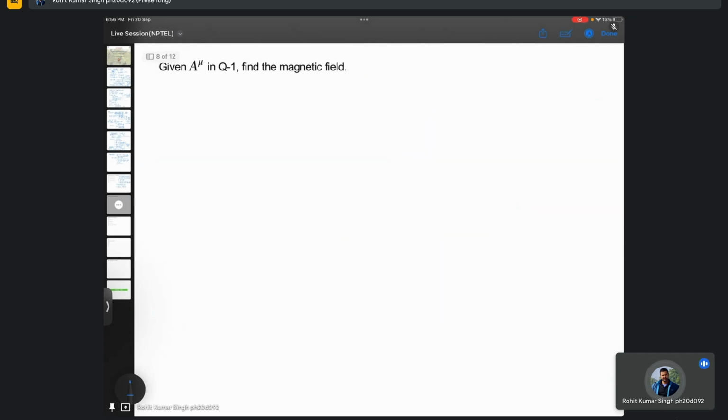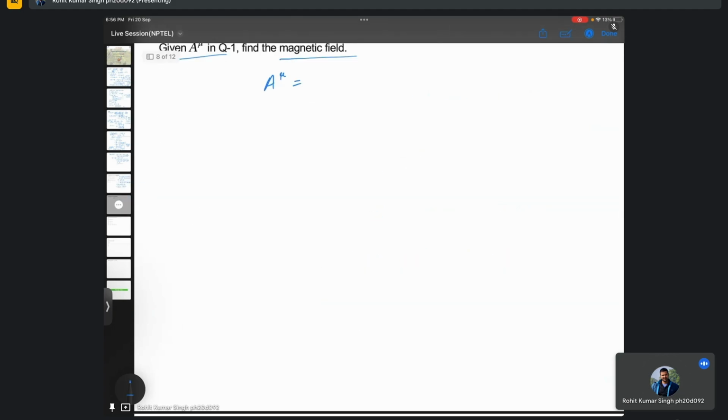So for the same vector potential, we have to now find the magnetic field. Okay, so let me write the vector potential again. So it was, yeah.